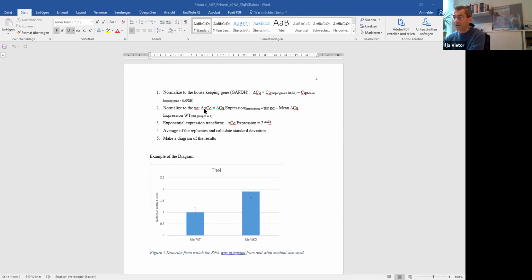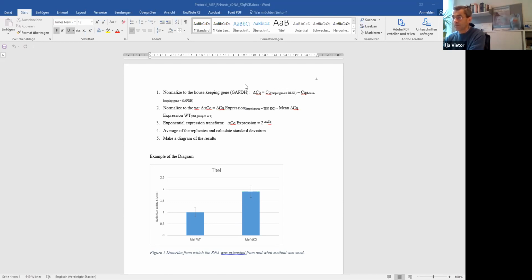So this calculation is called delta delta CQ, where you deduct from delta CQ for the target group of T7 the mean, so the average value of delta CQ of the wild type. That means that you have calculated this first, and you have 3 values for delta CQ for your wild type group, and that is always DLK1 minus GAPDH.